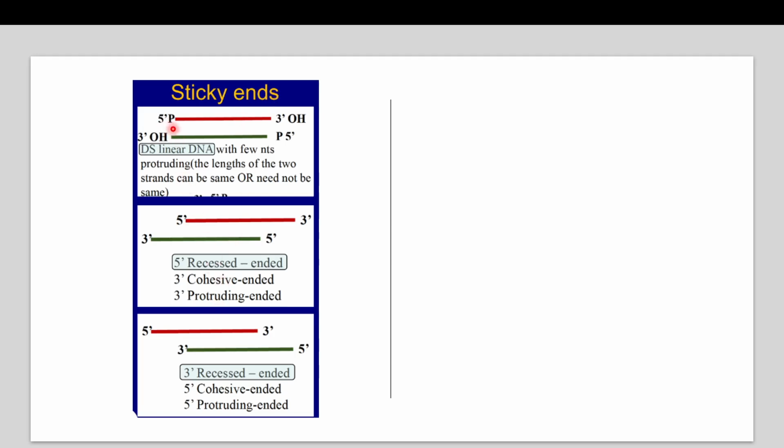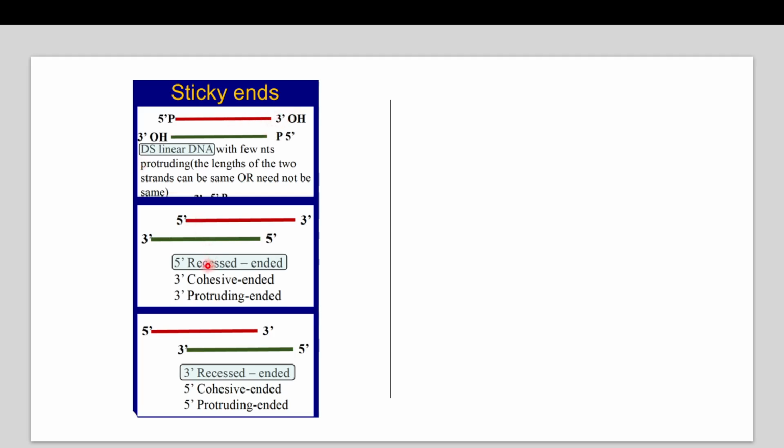This is double-stranded linear DNA with a few nucleotides protruding. The lengths of the two strands can be the same or need not be the same. See the green part here, at the 3 prime end, some nucleotides are protruding, or at this part also some might be protruding, on this strand as well as on this strand.